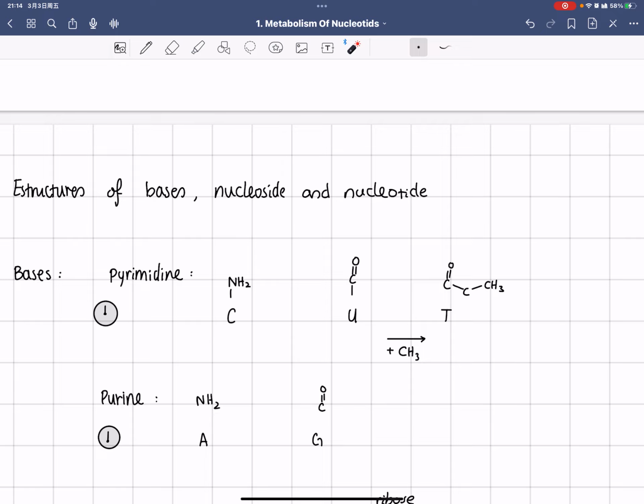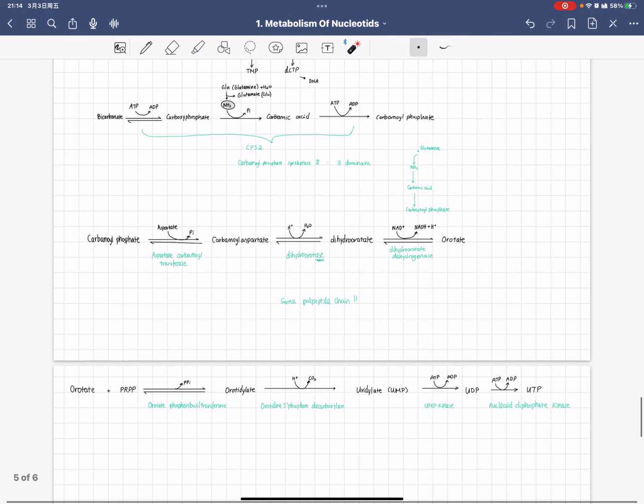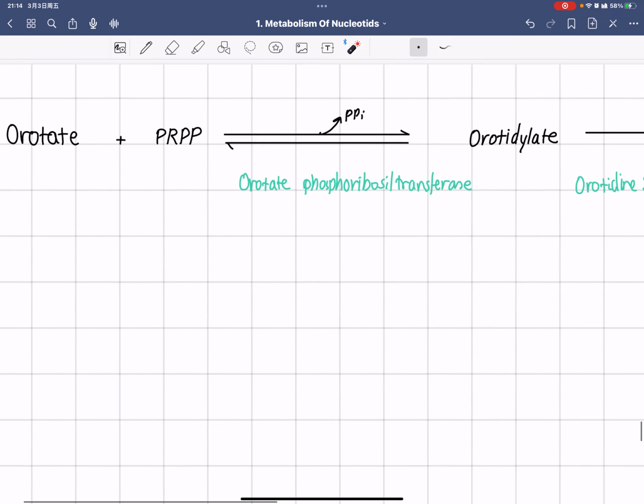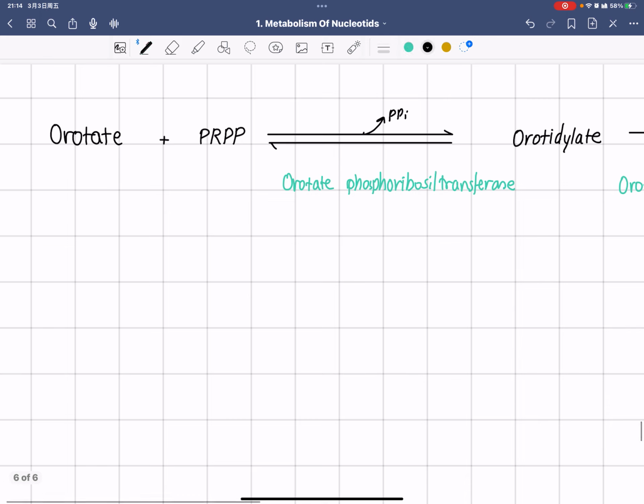Amination. You give an amino group. So let's move on. UTP to CTP. But how do you give it an amino group?